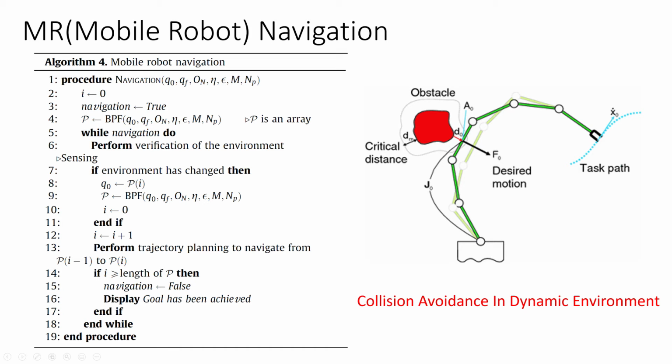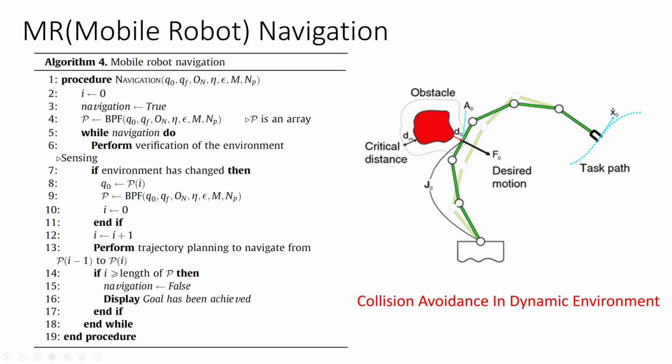As you can see, we first use the BPF method to find a path, and then if the navigation flag is true, we perform the verification and sensing of the environment.